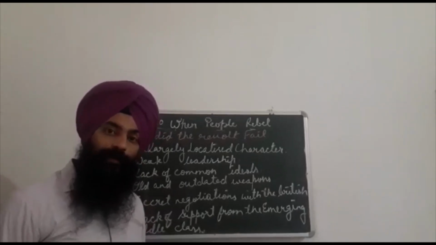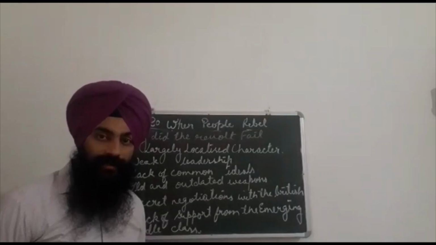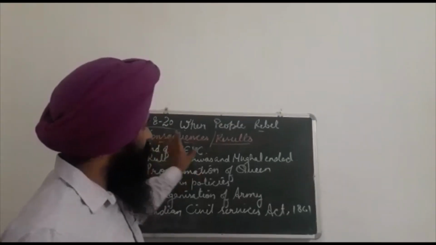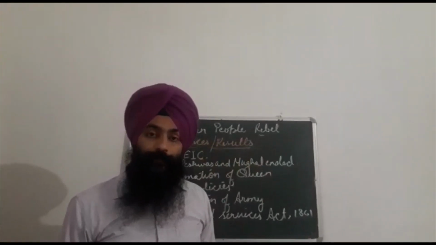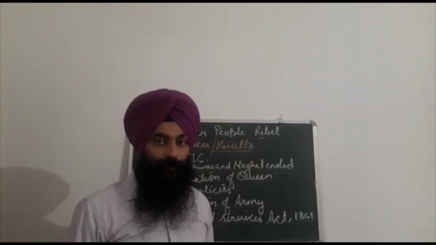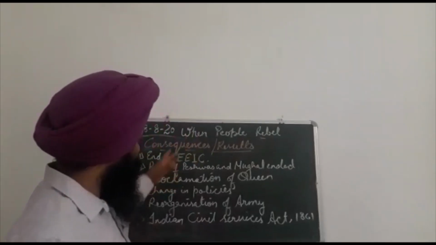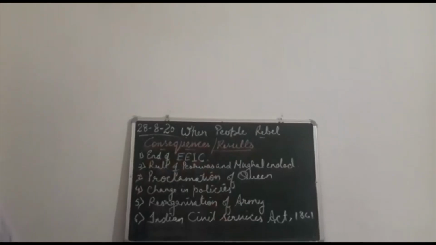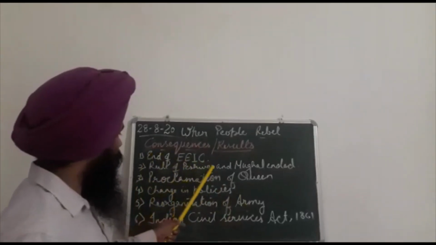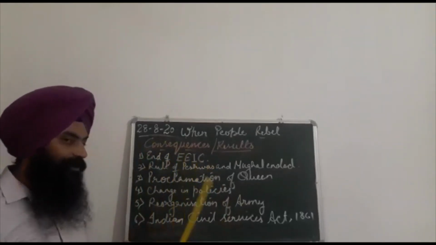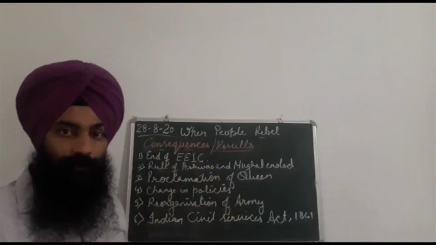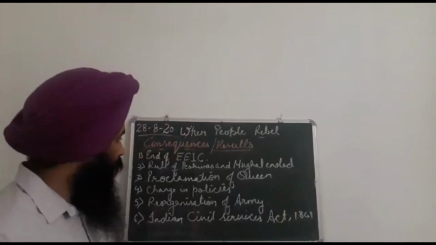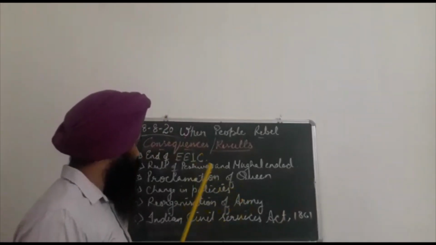Now the last topic of the chapter is the results. What were the results of 1857? In a discussion, the last topic is the consequences or the results. After the failure of the revolt of 1857, it caused many consequences. For example, the first one was the end of the English East India Company. The English East India Company, which was founded in the 16th century in England, continued its trade with India till 1857.